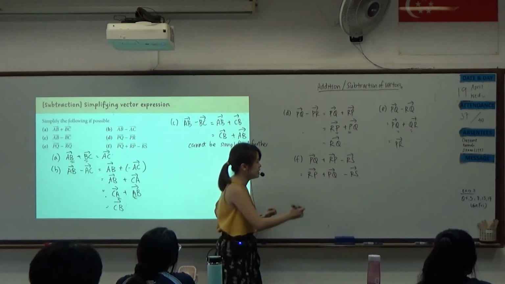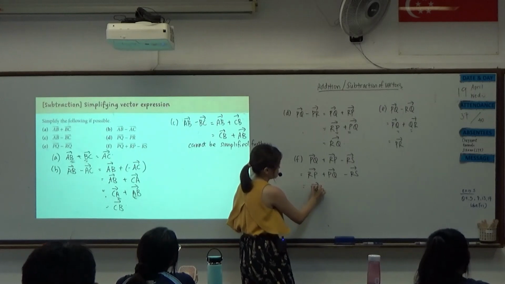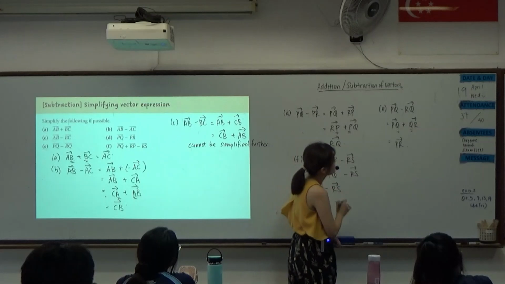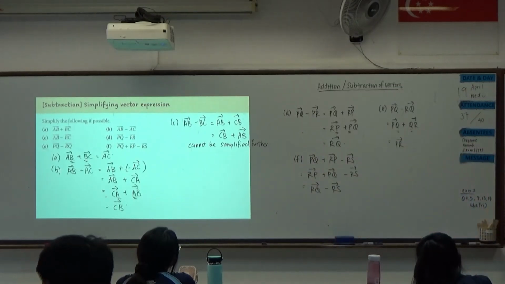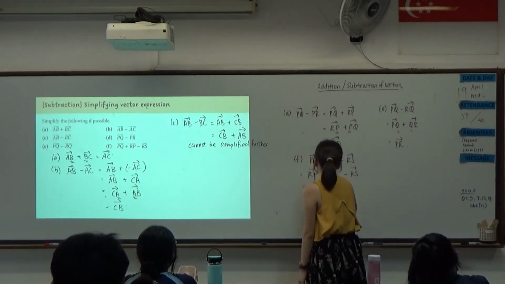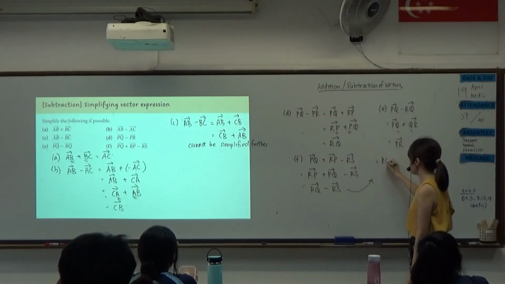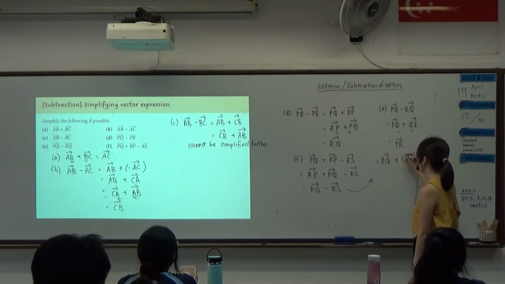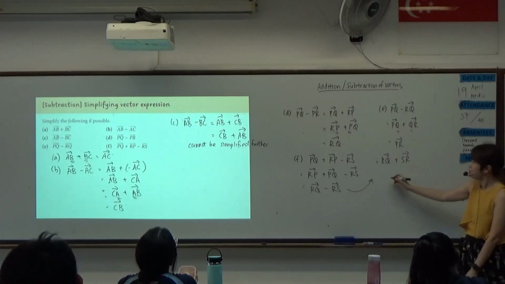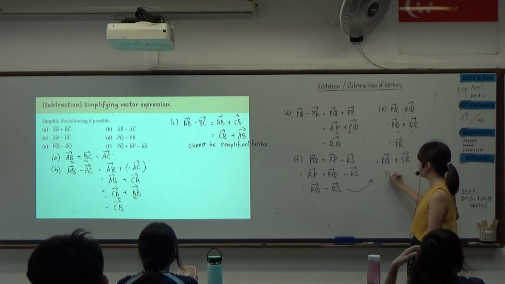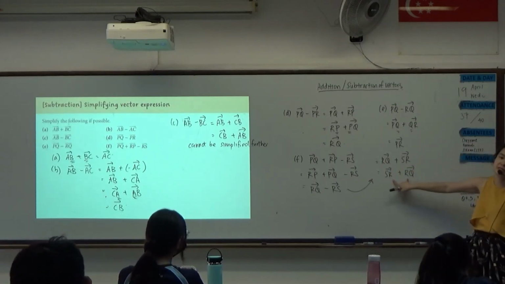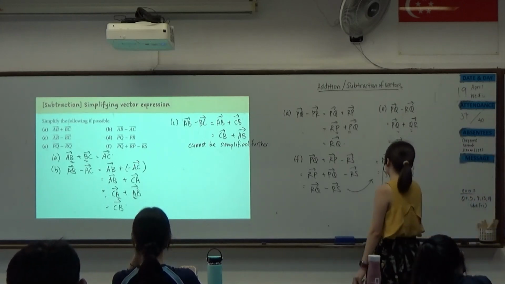And RP plus PQ will be the same as RQ, then minus RS. And minus RS is the same as flipping RS to SR, and then we find that R is in common. So I'll rearrange them to see if it fits such that the center is the same, and that gives us SQ.